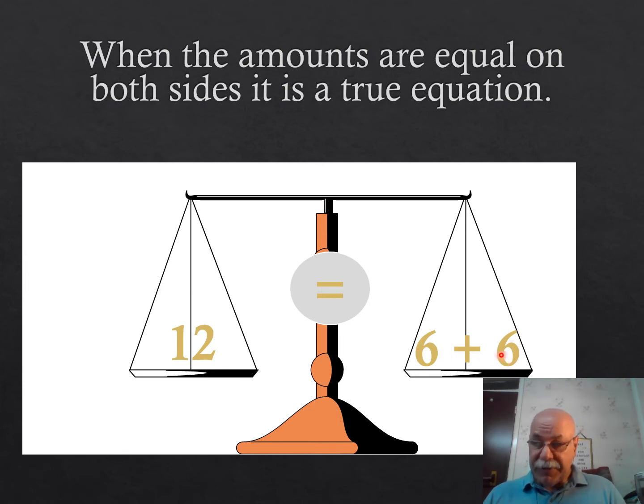This amount should equal this amount. This is the balance of the scale, meaning the true equation. A true equation makes both sides balanced.